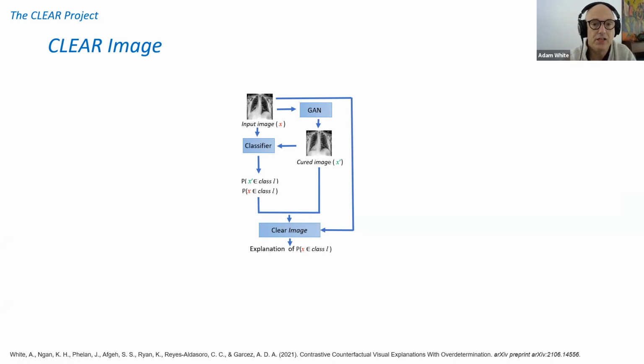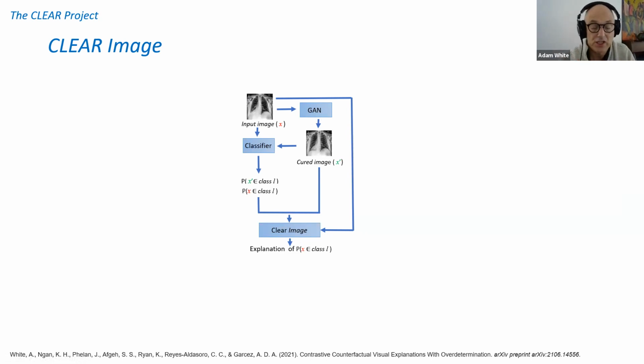And the contrast image, so we start off here with the X-ray of a diseased patient that gets passed into a GAN, which generates a cured version of the X-ray. And both of these are then passed into clear image.